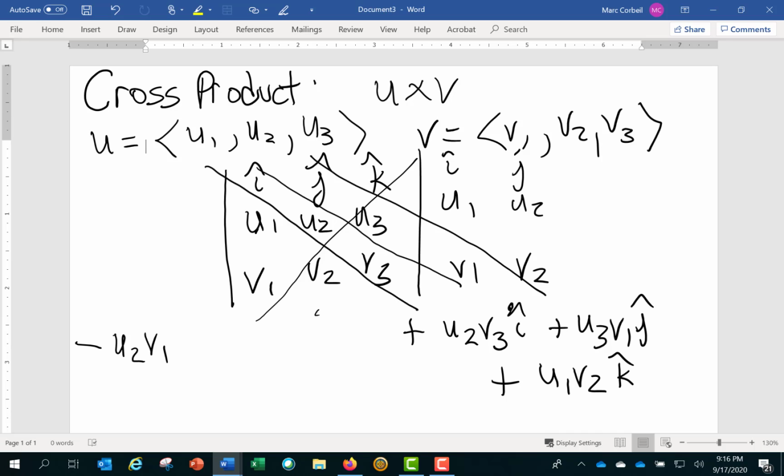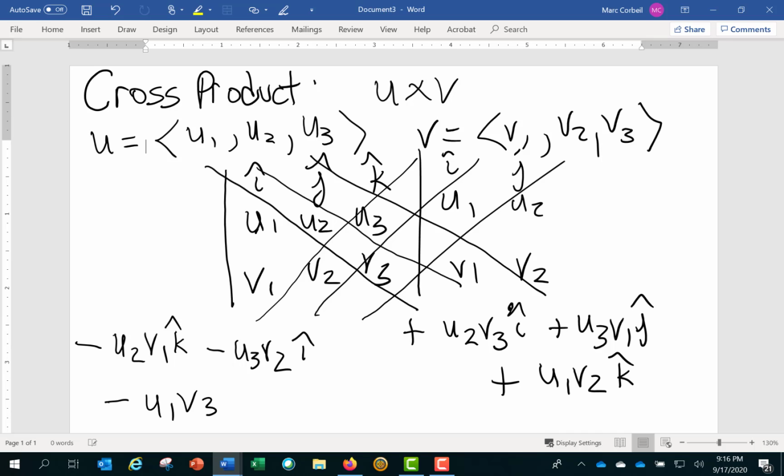Then I'm going to subtract the next one, and that is actually a K. The next one is minus U3, V2, I. And the last one is minus U1, V3, J.